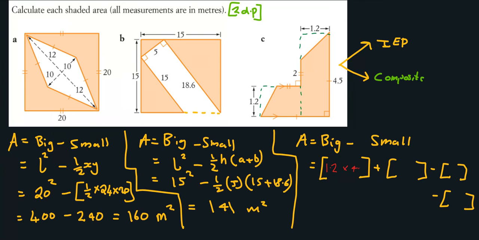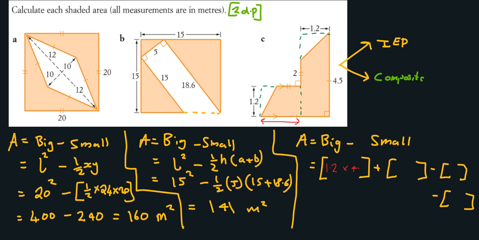Well, if all this is 4.5, we don't know that it cuts it exactly in half. So we need to find the distance from here to here. And we are told that this is 1.2. And if all this is 4.5, we need to subtract 1.2 from 4.5, and that gives a distance of 3.3.